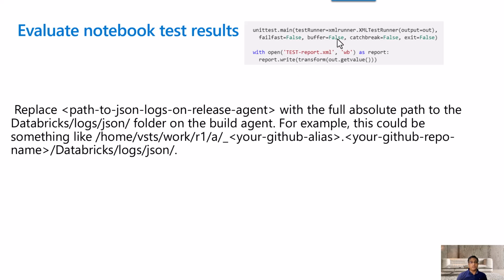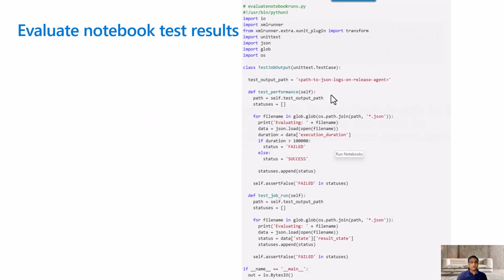If you see this particular path here, I have given you the path to JSON logs on release agent. This path to JSON logs on release agent will be a particular path in the VSTS, based on your GitHub alias. And this is how this whole path will come here when you use this.